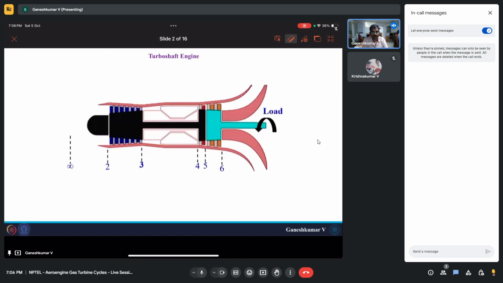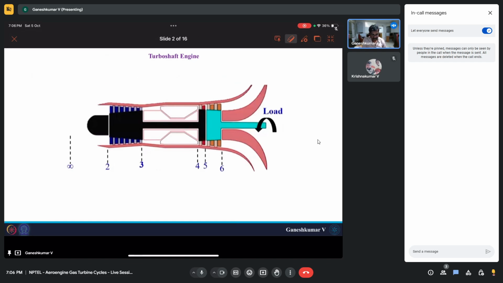We will have a turbine, and that could be directly connected to the load, or connected to an electric generator to generate electricity. Instead of thrust, we are interested in power in this engine.